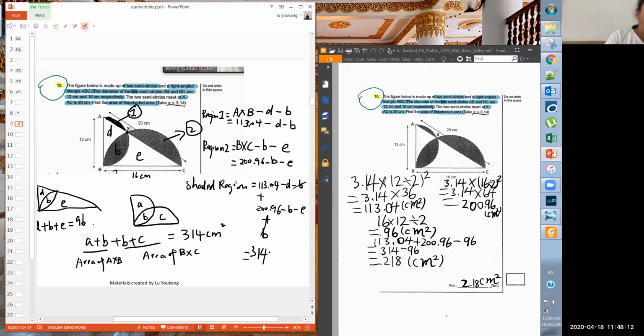Then minus D, and then minus B, and minus E. And then actually your DBE is 96. So therefore you get 218. So your answer is correct.